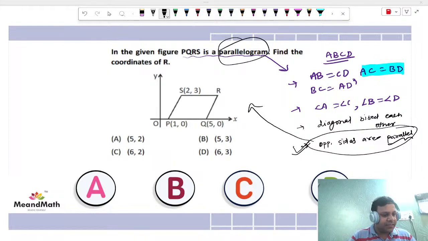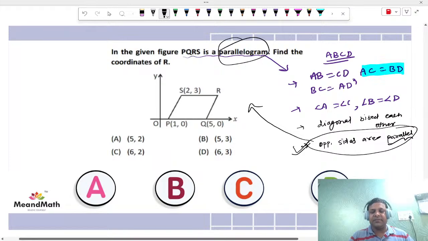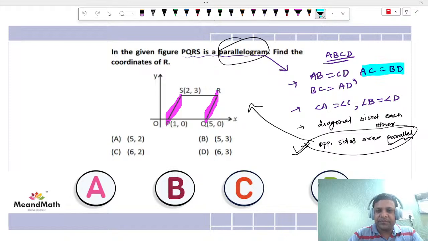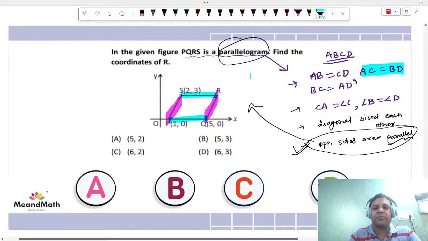So the answer is, you can see this is a line, but a tilted line, not a straight line. And these both are parallel. Here, SR and PQ are both parallel.